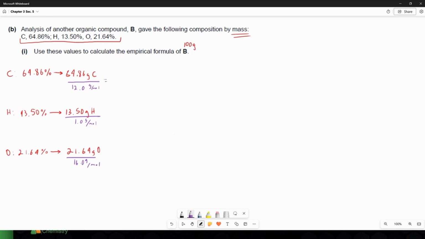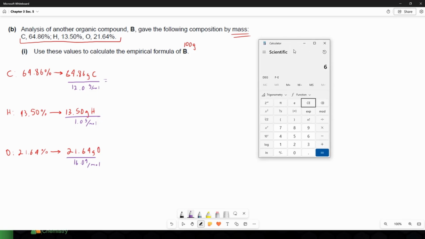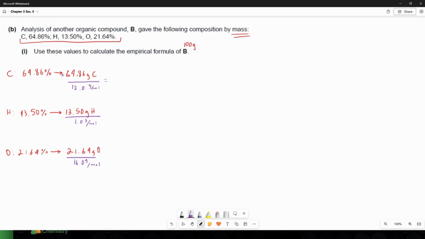So here we are just going to use our calculator. 64.86 divided by 12 is 5.405. So here we have 5.405 moles. 13.50 divided by 1 is simply just 13.50 moles.